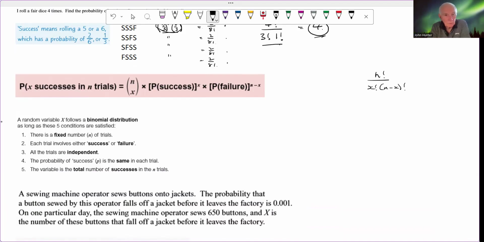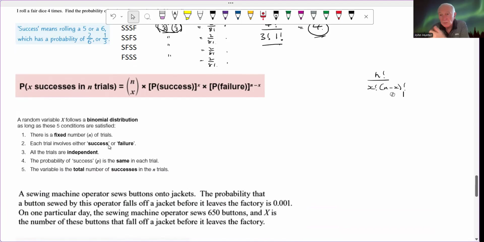A random variable follows a binomial distribution as long as these 5 conditions are satisfied. To be honest, the 2 crucial ones really are 3 and 4. 5 isn't really a condition. 2 is just the definition that we're using. Success or failure.